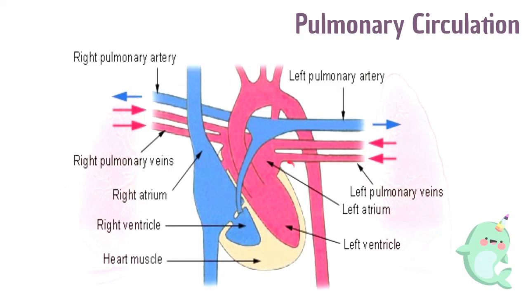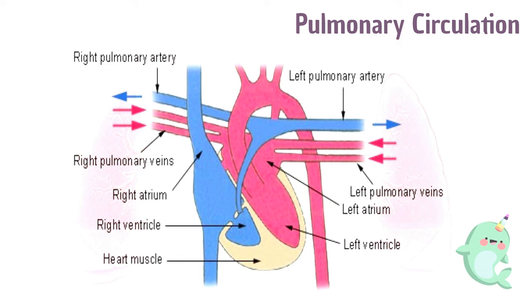First, let's look into pulmonary circulation. Before anything else, there are some clarifications I need to make. Most of the books and illustrations that you will see have this color coding. They use the color blue to refer to deoxygenated blood or oxygen-poor blood.